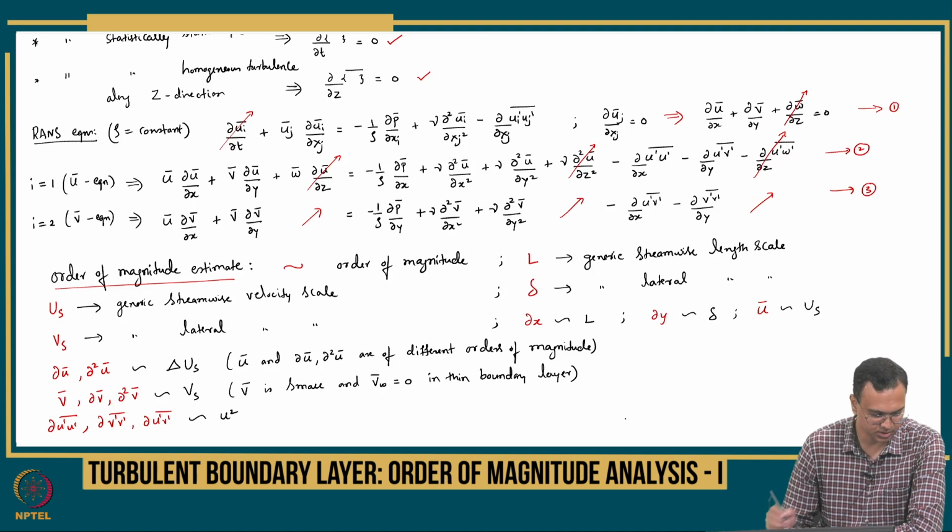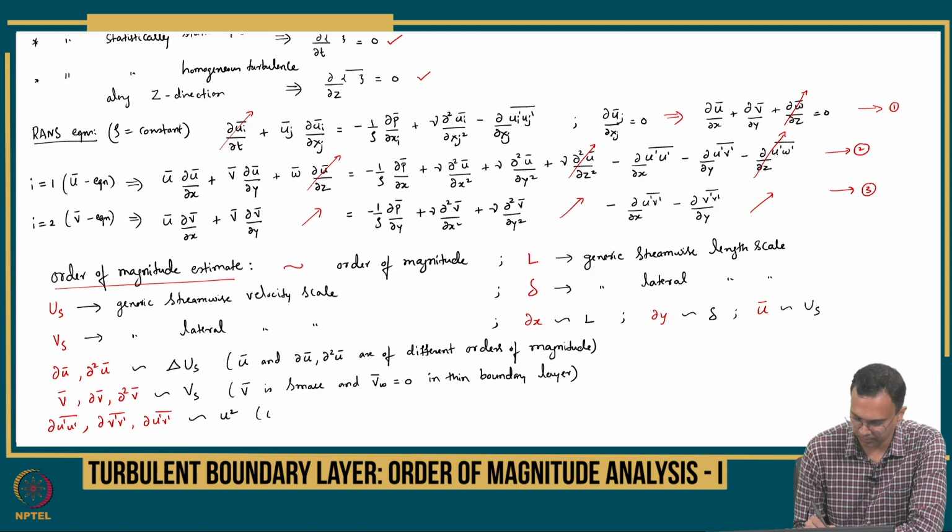Here the small u is nothing but a generic turbulent velocity scale.